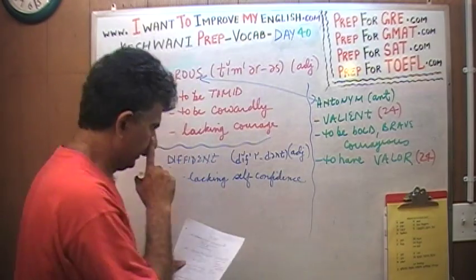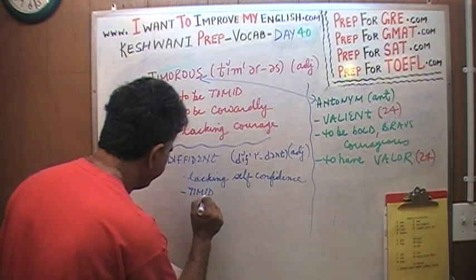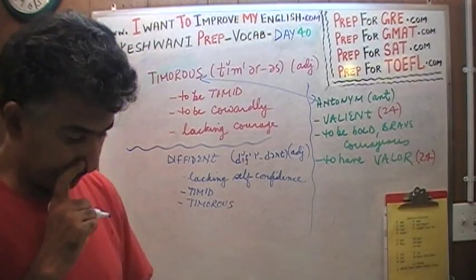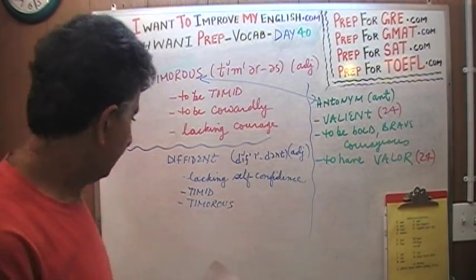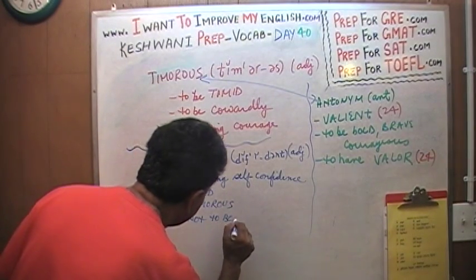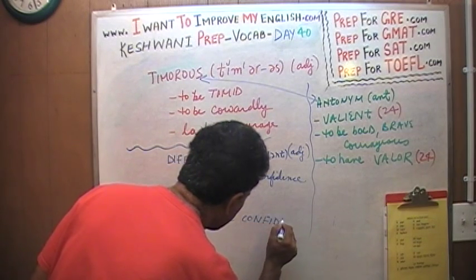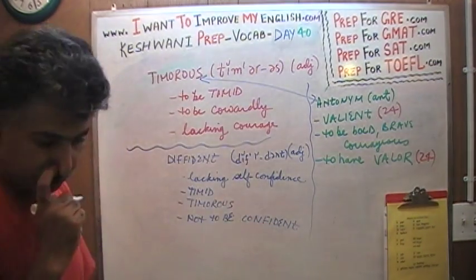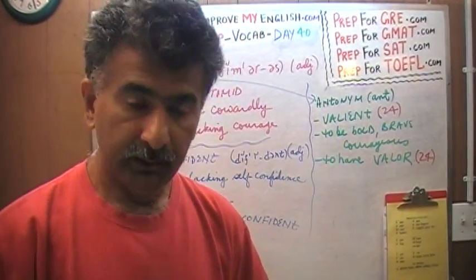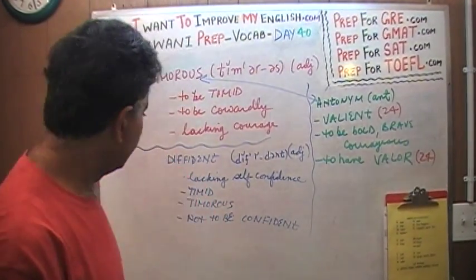It means to be timid, to be timorous. It simply means not to be confident. Of course you know the word confident. It's a very straightforward, very simple word. Everybody knows the word confident. And yet many people do not know the antonym of the word confident. The antonym of the word confident is diffident.